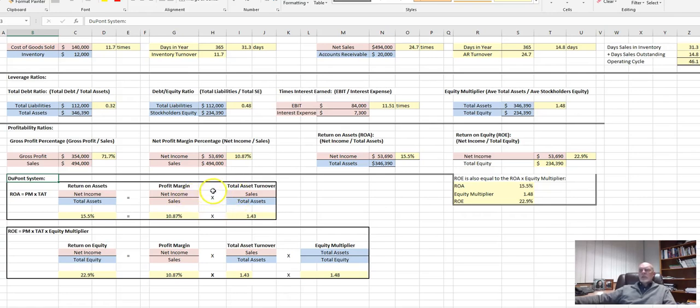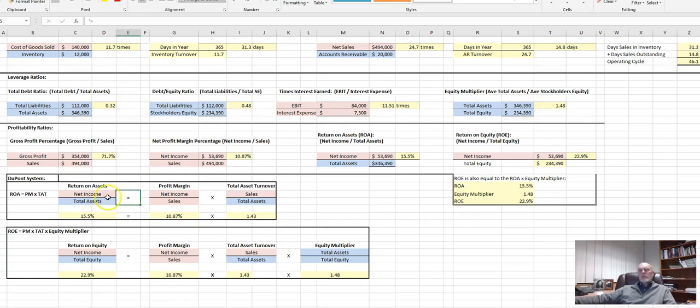So these two in combination, again, end up giving us return on assets. The purpose of breaking them out is to better understand, if you look from one time period to another, what are the factors that are contributing to a change in return on assets?